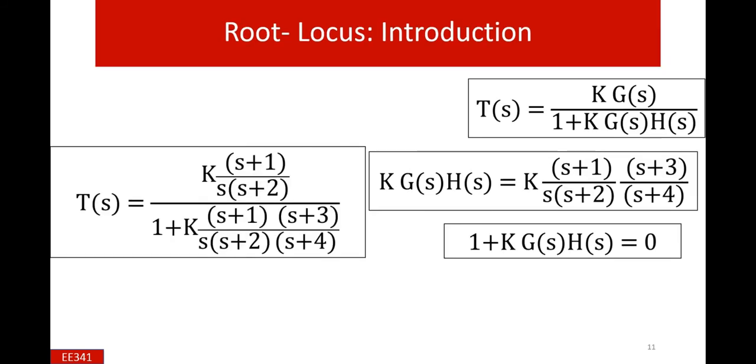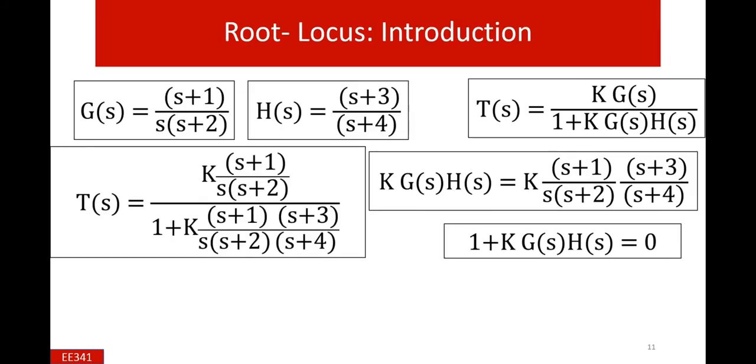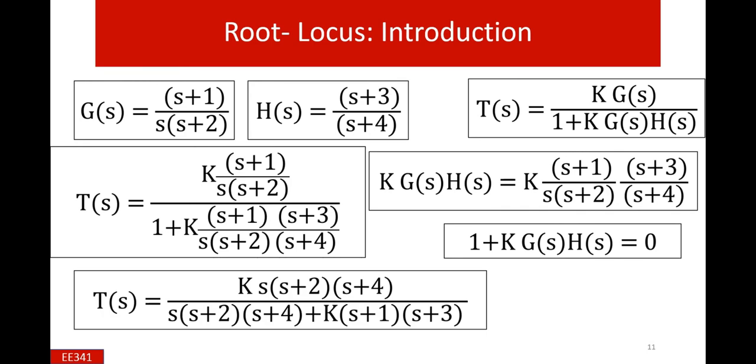So understand the basic concepts related to the characteristic equation. In this closed loop transfer function, this is the characteristic equation, and this part is the open loop transfer function which is dependent on K. This is the equation for which we are finding the roots dependent on the values of K.